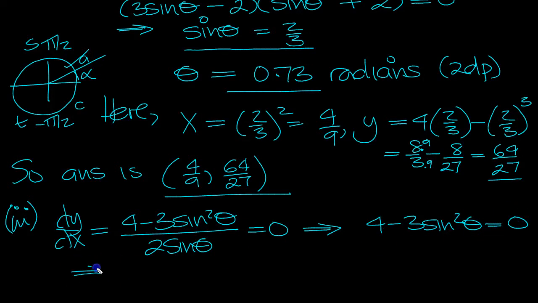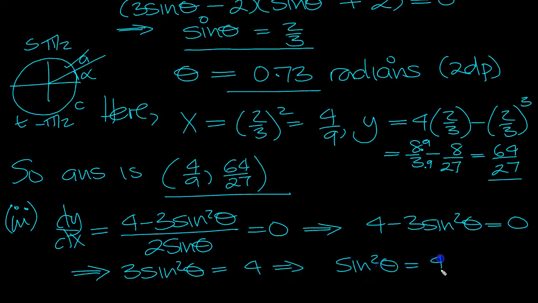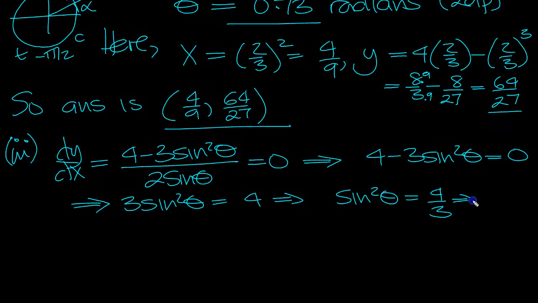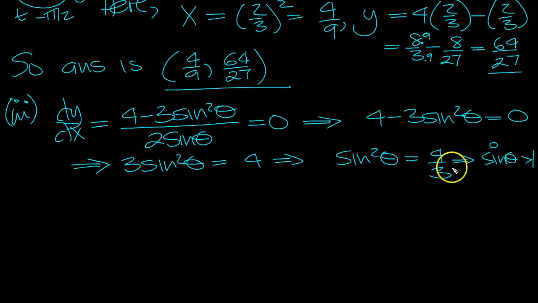Which implies, in turn, that 3 sine squared theta is equal to 4. So sine squared equals 4/3. And that implies sine theta would be greater than 1, wouldn't it? When you square root both sides, you'll get a number greater than the modulus of 1. Or sine theta would need to be less than minus 1.